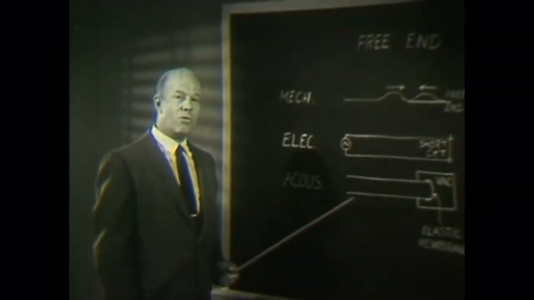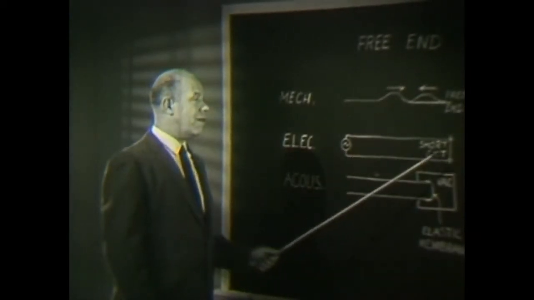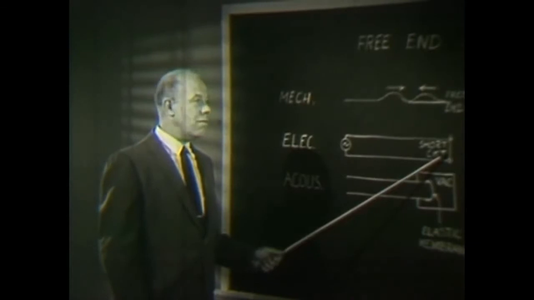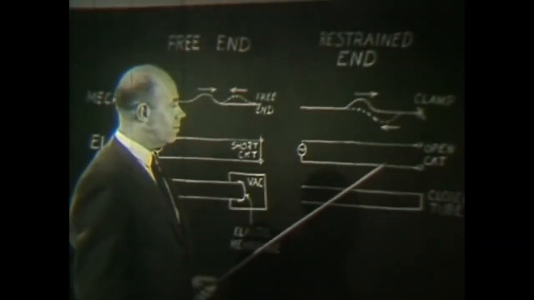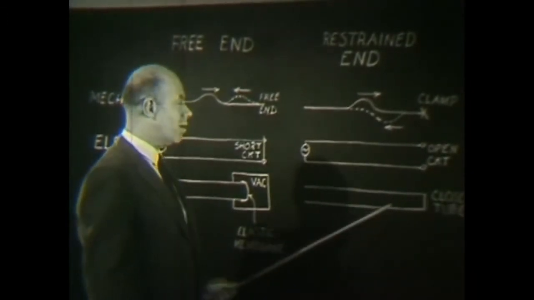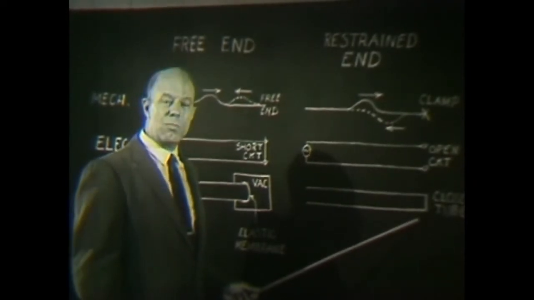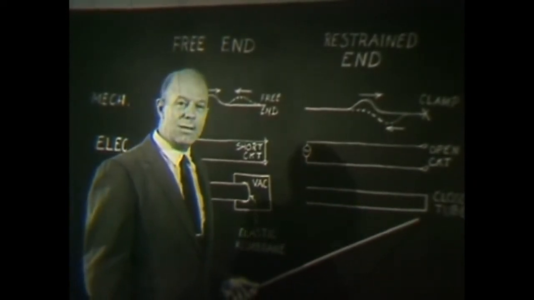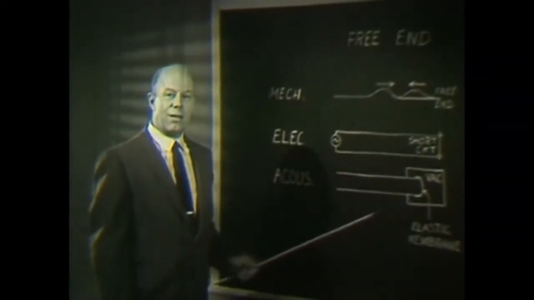You know that there are two ways in which electrical waves can be reflected, depending on whether the far end of the transmission line is terminated by a short circuit or by an open circuit. And similarly, in the case of waves traveling down an acoustic tube, there are two different reflection possibilities, depending on whether the end of the tube is closed by a rigid termination or by the acoustic analog of a free end.